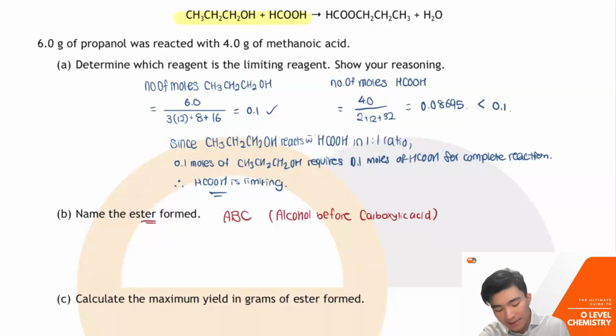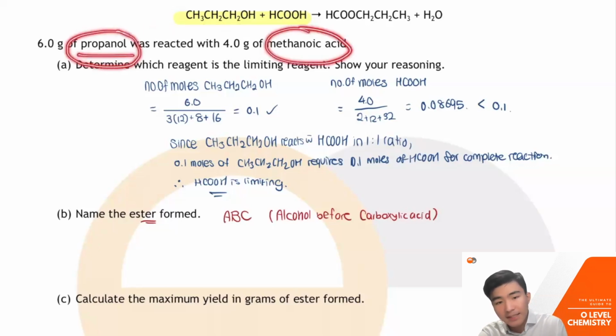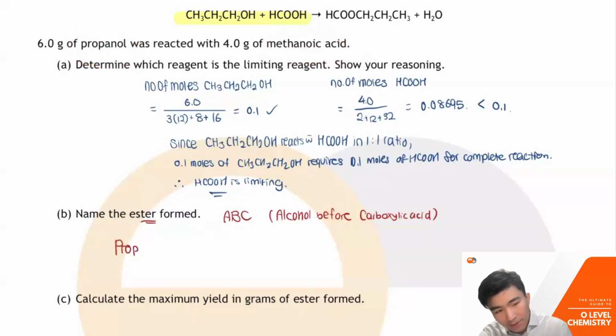For ester formation, always remember the alcohol name will come first, followed by the acid name. So this ester should be propyl methanoate. Very good.